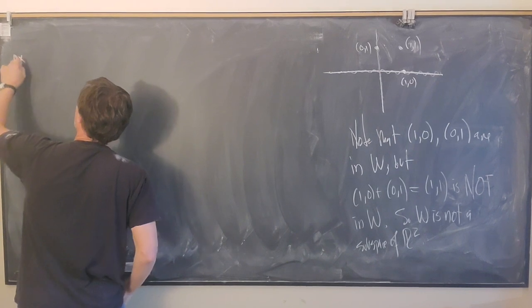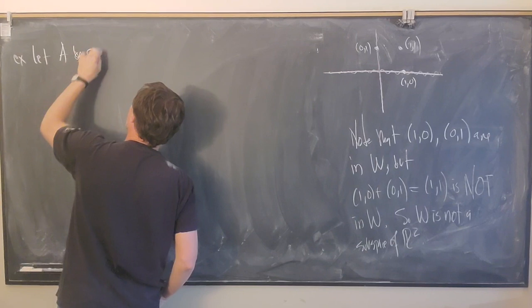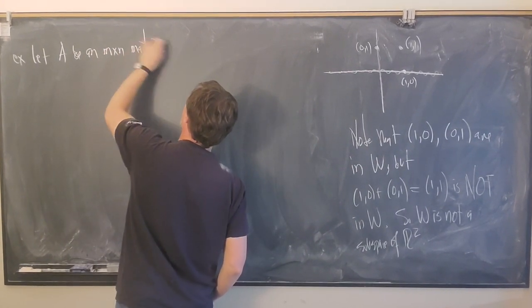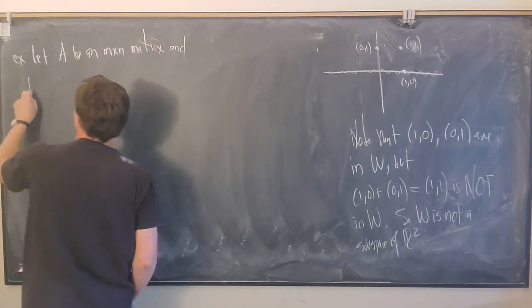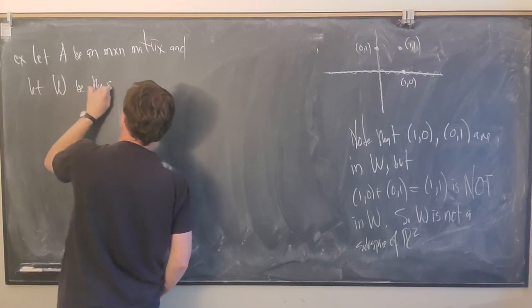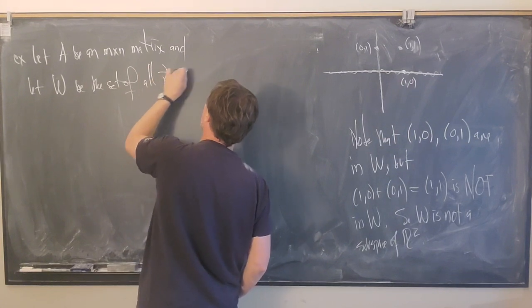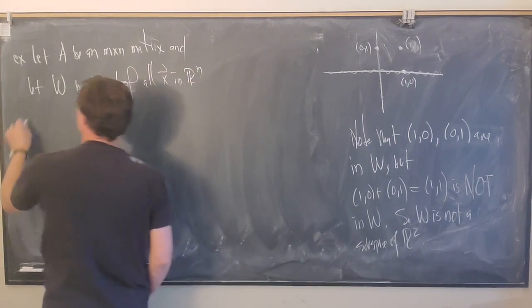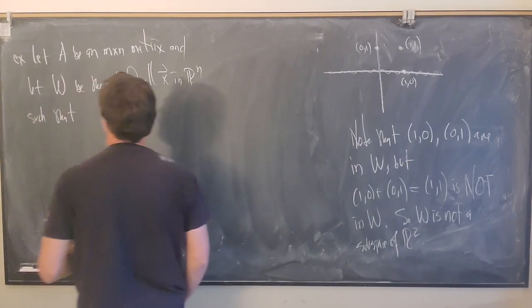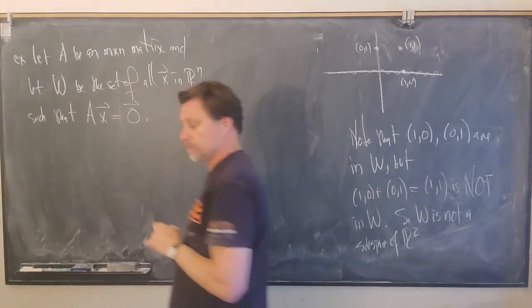Another example, let A be an m by n matrix and let W be the set of all x in Rn such that A times x equals the zero vector.